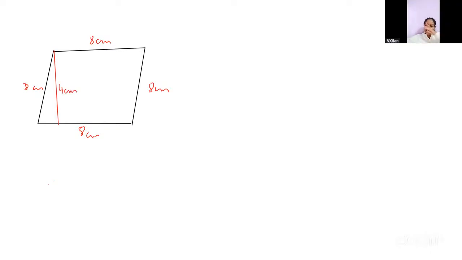Can you find out the area of quadrilateral PQRS? Joshua, what will be the area?